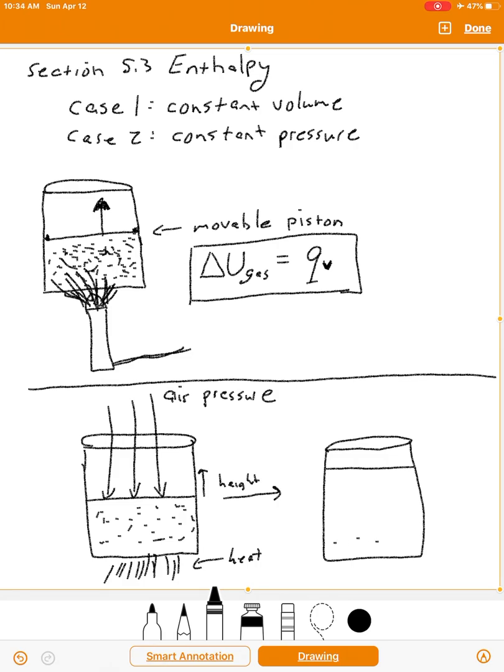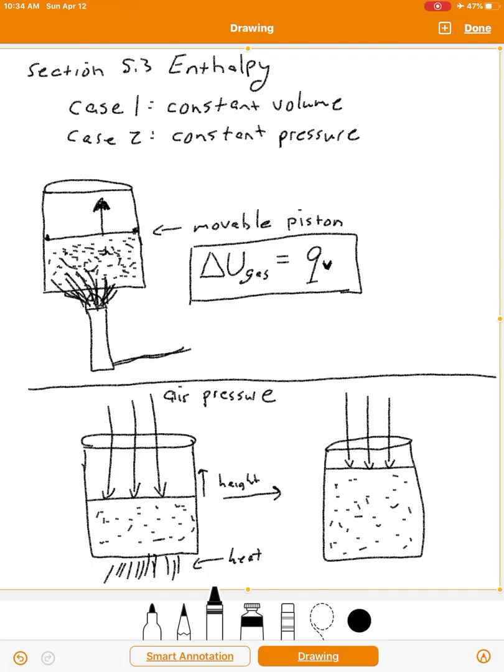Okay. So now the gas gets more spread out. It's over a larger volume. But we've pushed the atmosphere some distance, and it takes work to do that. Okay? So that means in this case, we've added heat and we've converted it to doing what's called work.